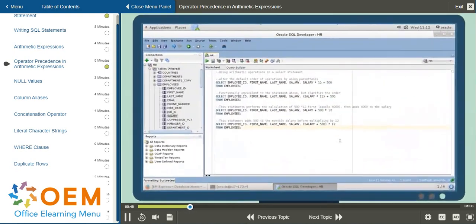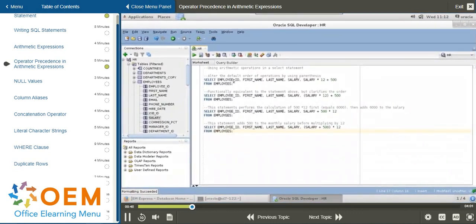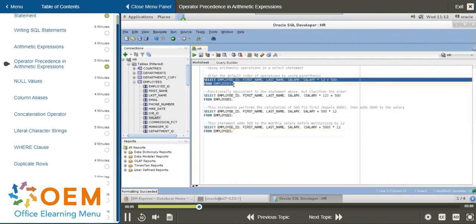So in this demonstration, I have several statements here, and you can see that the first one demonstrates the default order of operations. So there's no parentheses yet, and I have the salary column here, multiplied by 12, then adding 500. So since multiplication happens first, this one should come out as expected.